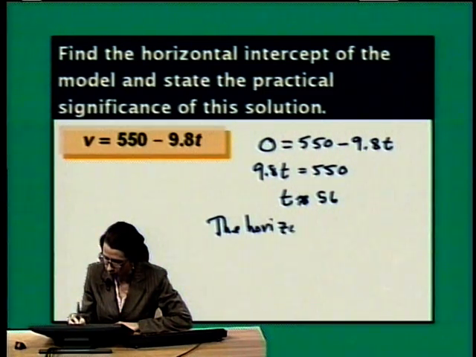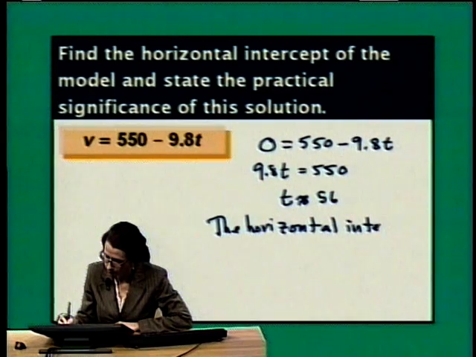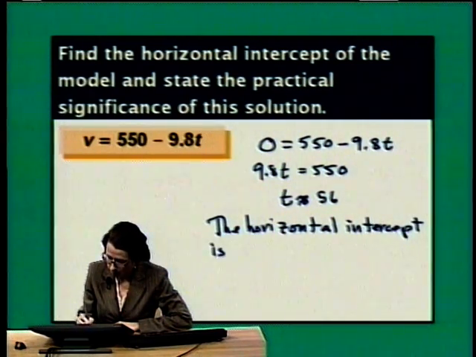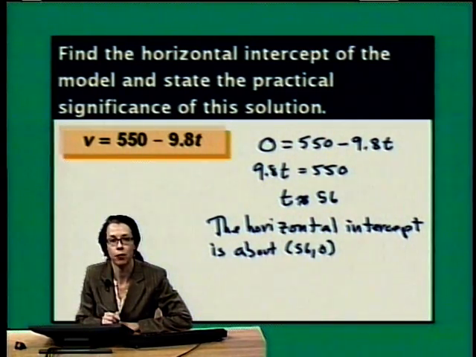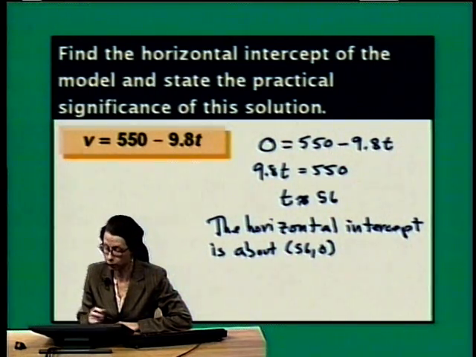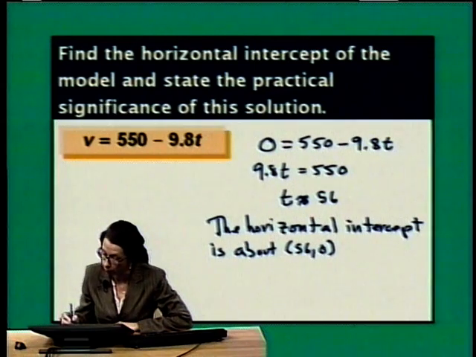The horizontal intercept is about 56.0, and what is this telling us? Well, 56 seconds after the gun was fired, the bullet's velocity was 0.